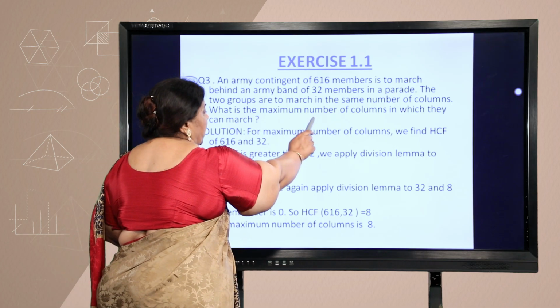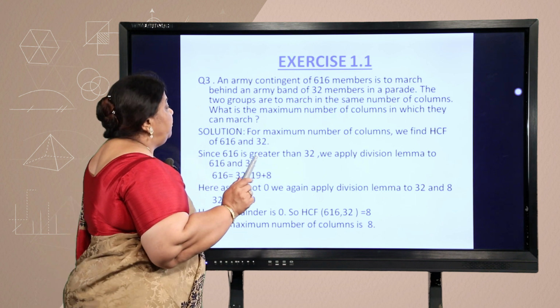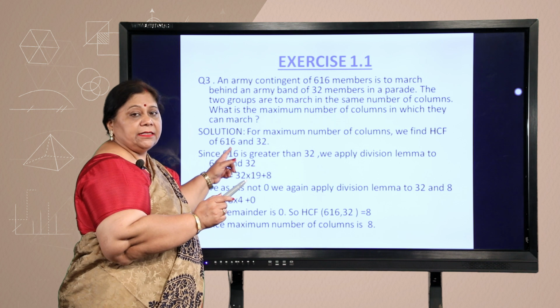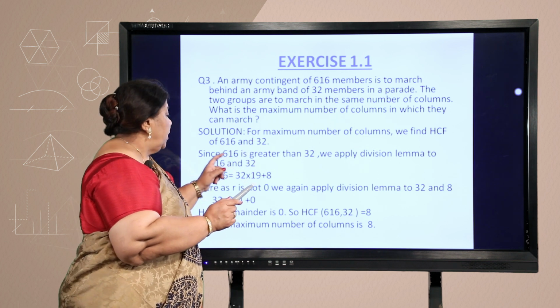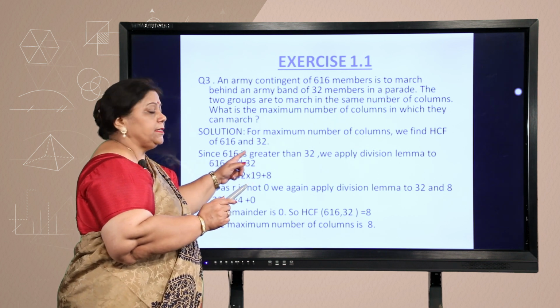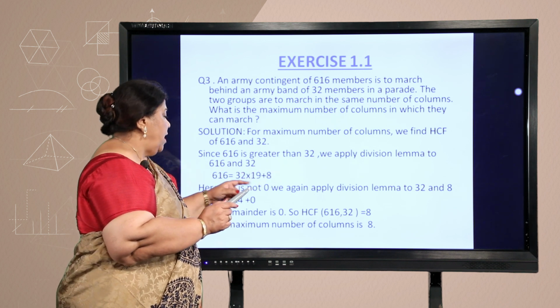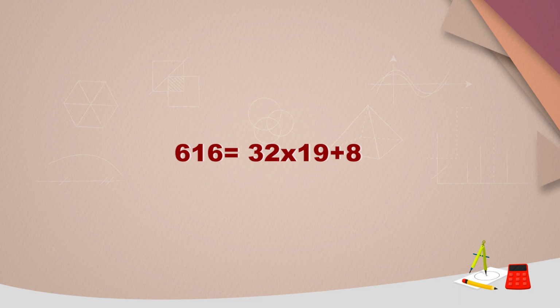Here maximum number is suggesting that we have to calculate the highest common factor of 616 and 32. Since 616 is greater than 32, we apply Euclid's division lemma and we can express 616 as 32 into 19 plus 8.